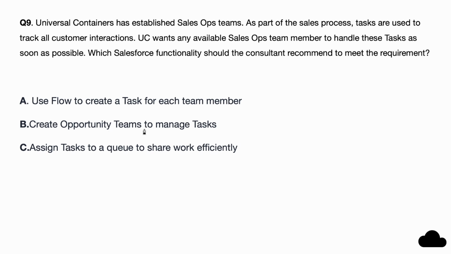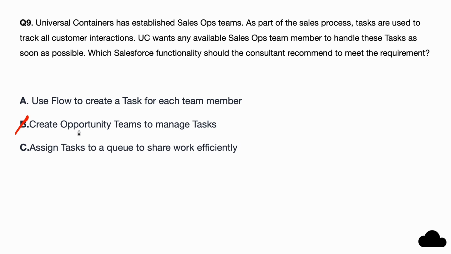So, create opportunity teams to manage tasks. This is definitely not the answer. Opportunity teams are not designed solely to manage tasks, okay? You would create an opportunity team to collaborate with a group of other users on an opportunity. There might be tasks that you could assign within that opportunity team, but task assignment is not the sole purpose of the opportunity team.